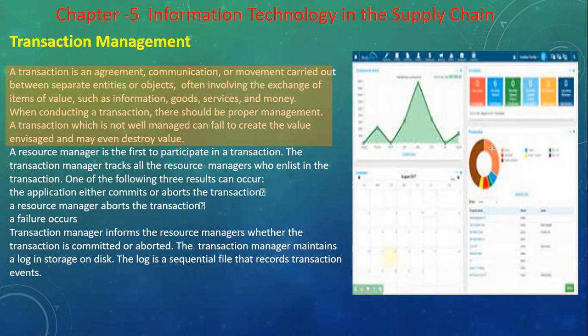Then the process of information flow is not done, and the transaction cannot be managed in the right way because the entry of the order is not made in the system. This creates a problem: the order will not be dispatched from origin to destination.